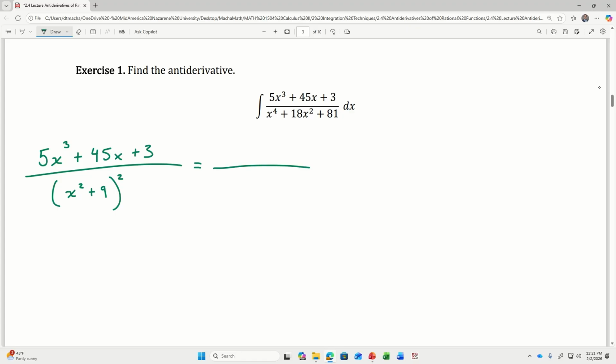With quadratic factors, we have to put ax plus b, a linear form, in the numerator. And for repeated factors like this, we've got to continue to list them until we reach the power that we see. So in this case, I need it to look like this after decomposition, where we're trying to solve for constants a, b, c, and d.